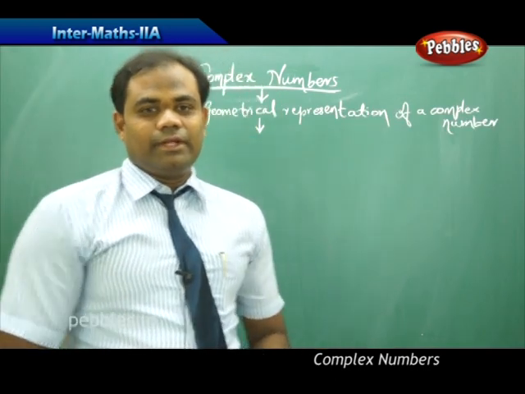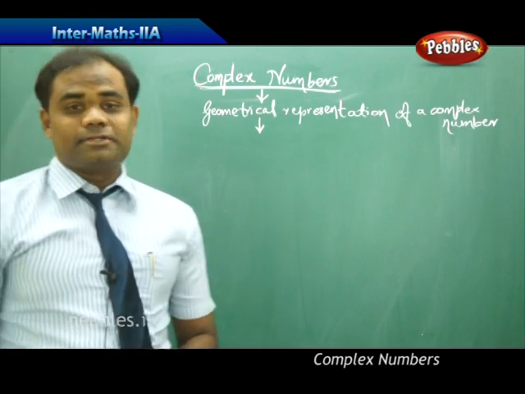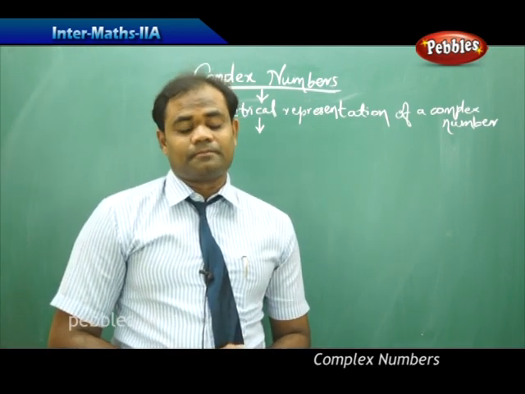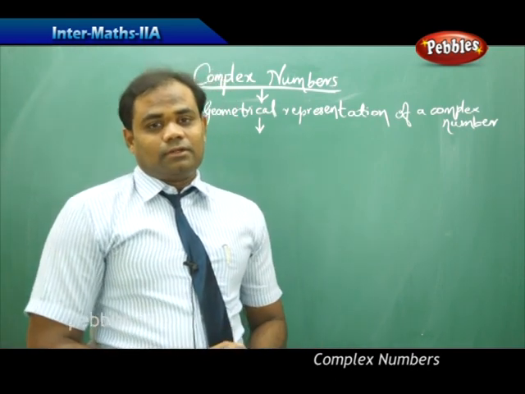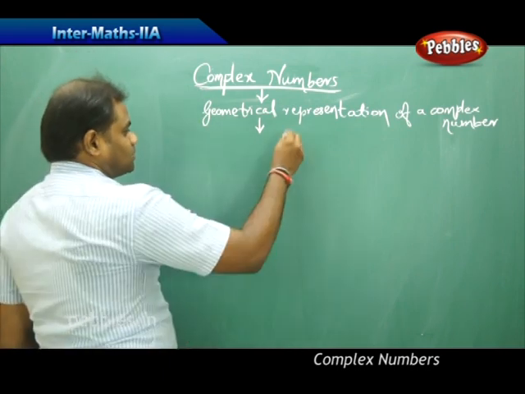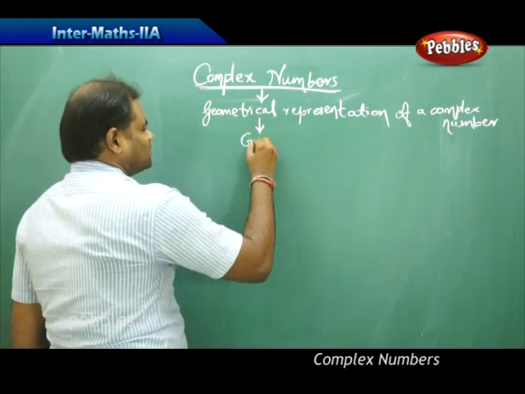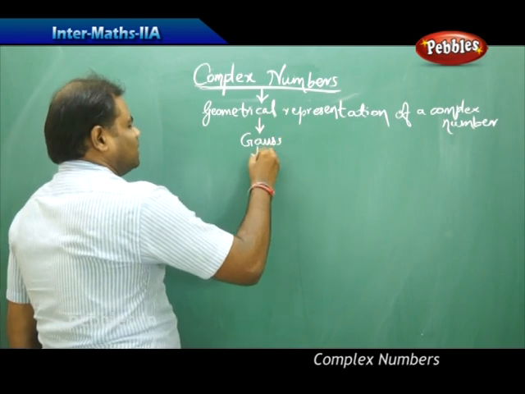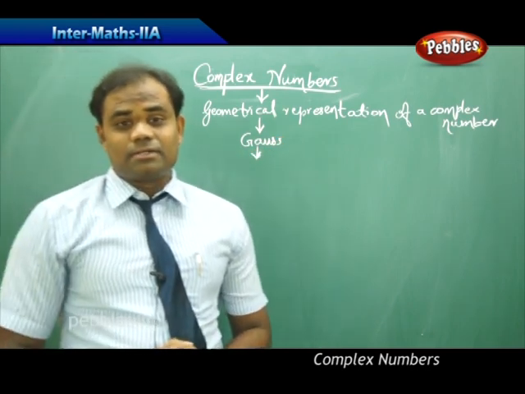So now the next topic comes on geometrical representation of a complex number. Now here, one of the famous mathematicians called Gauss has come out with an idea of representing complex numbers on a plane.